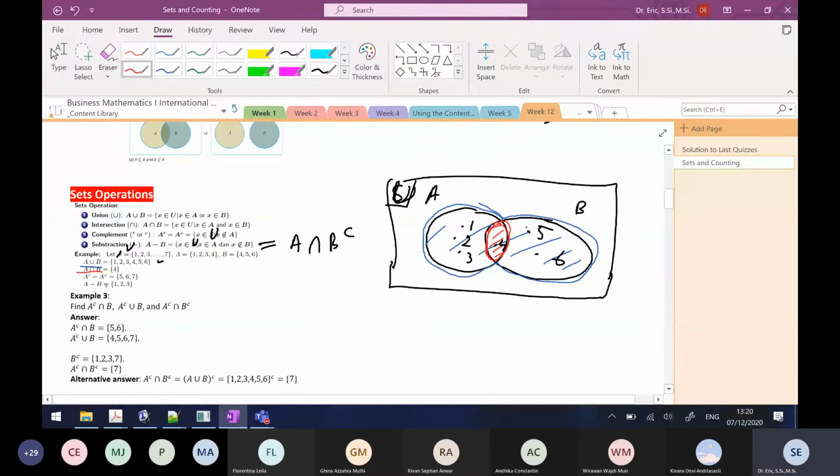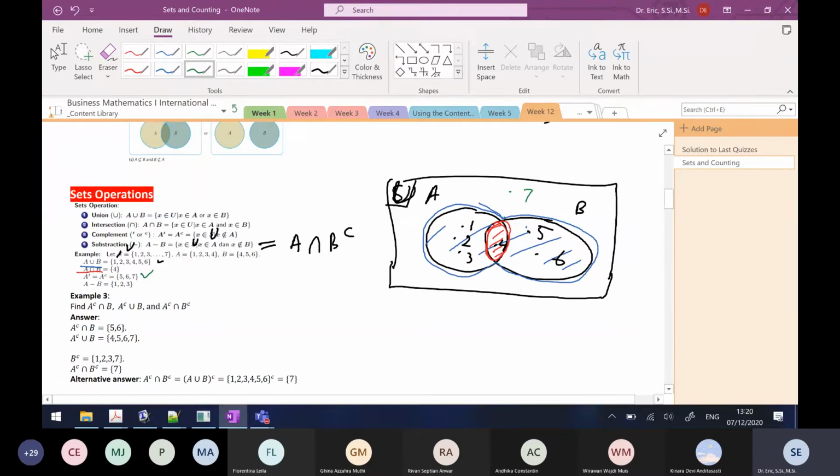Okay, and A complement is something that is not in A. In the universal set you have 1 until 7, and 1, 2, 3, 4 are in A, so not in A is 5, 6, 7. And A minus B is what is in A but not in B. Which one?